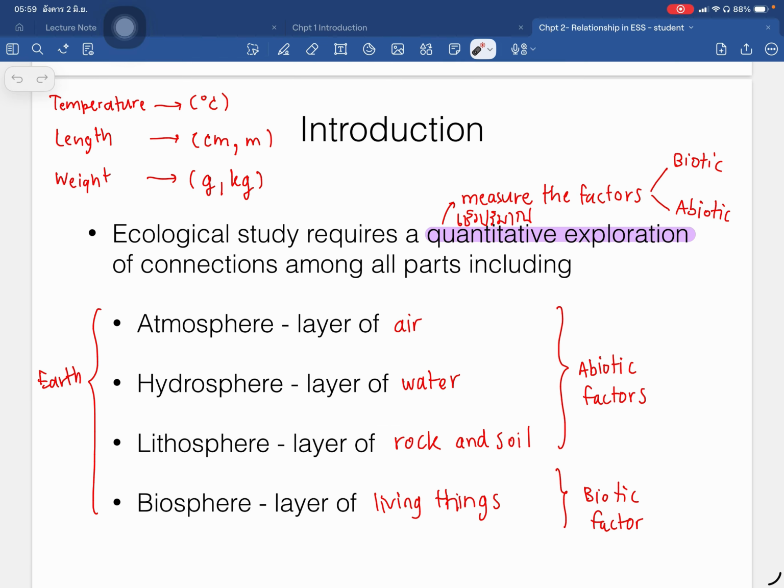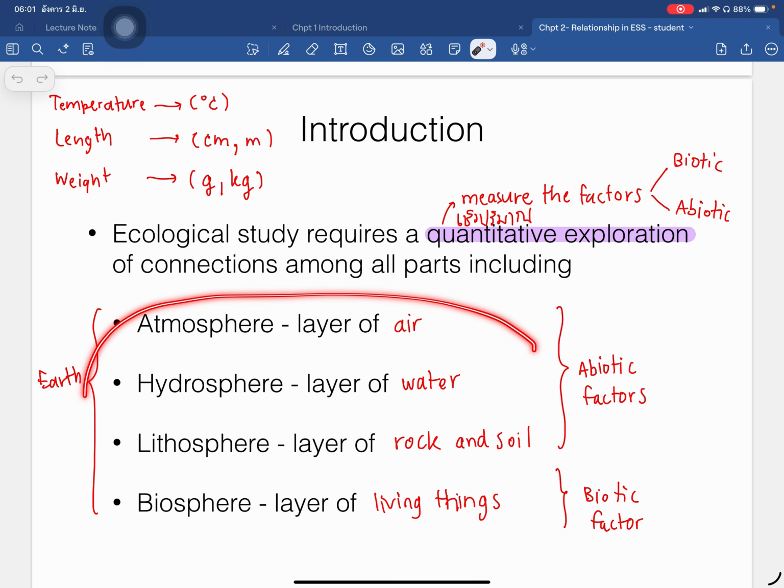Weight is not too big or too small, but we represent it by the unit of gram and kilogram. We can use this type of measurement in the 4 layers of the Earth system, that is the atmosphere, the layer of air, the hydrosphere, the layer of water, and the lithosphere, the layer of rock and soil.